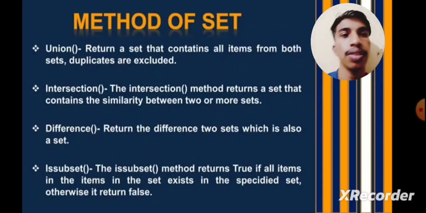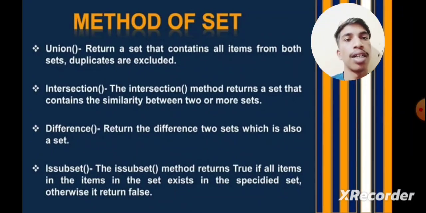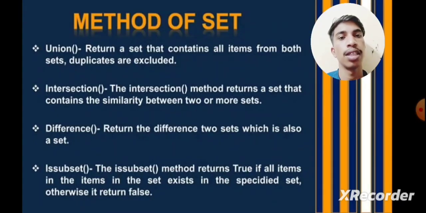Intersection returns a set that contains the similarity between two or more sets. Difference returns the difference of two sets, which is also a set. Is subset returns true if all items in the set exist in the specified set, otherwise it returns false.